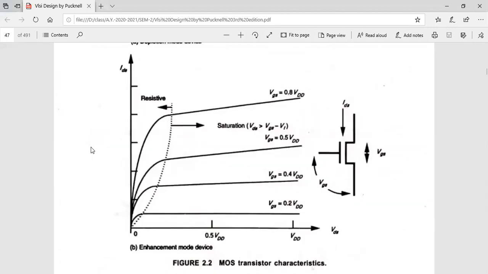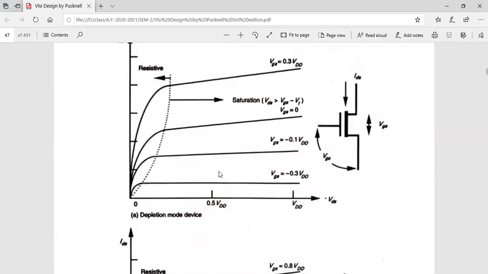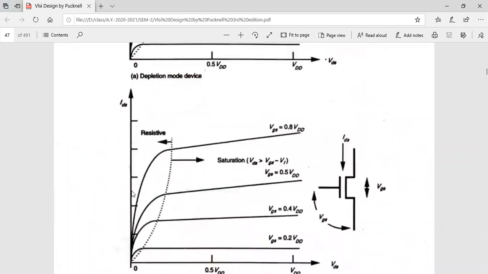Generally, if you see the graphs of working conditions of different transistors, that is generally indicated as MOS transistor characteristics. This is the depletion mode, and this is the enhancement mode transistors.